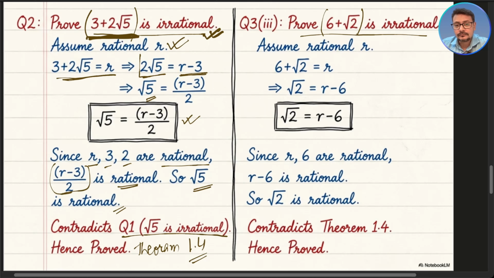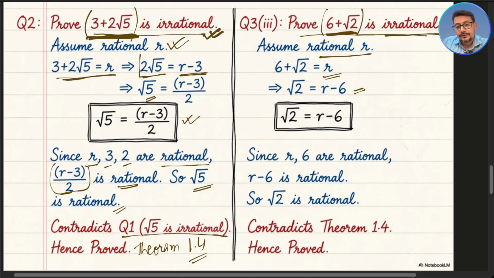Again, coming to question number 3 of 3, where 6 plus root 2 has to be proved as irrational. How are we going to approach the problem? In a very similar manner. First assume rational r, where 6 plus root 2 is equal to r, so root 2 is equal to r minus 6.